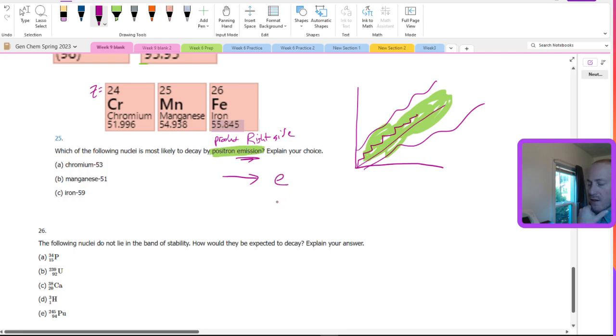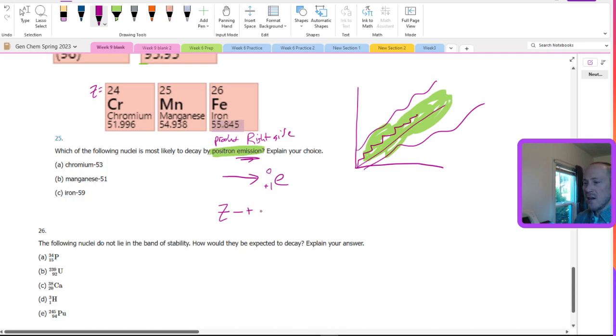And a positron is like an antimatter electron. It's like an electron that weighs nothing, but instead of a normal electron having a negative charge, it has a positive charge. So whichever one of these is most likely, its initial Z is going to lose a positive charge.